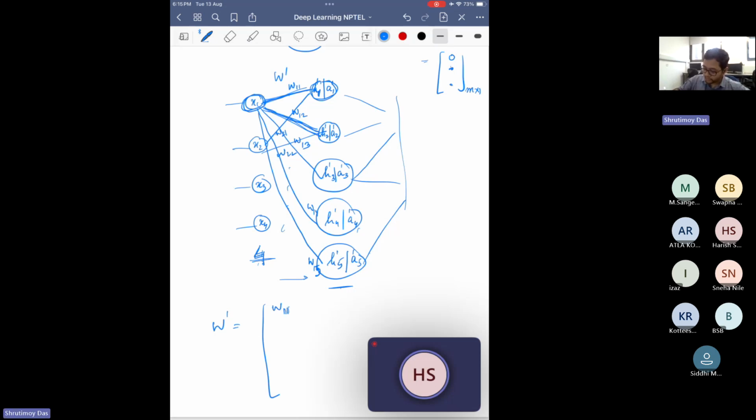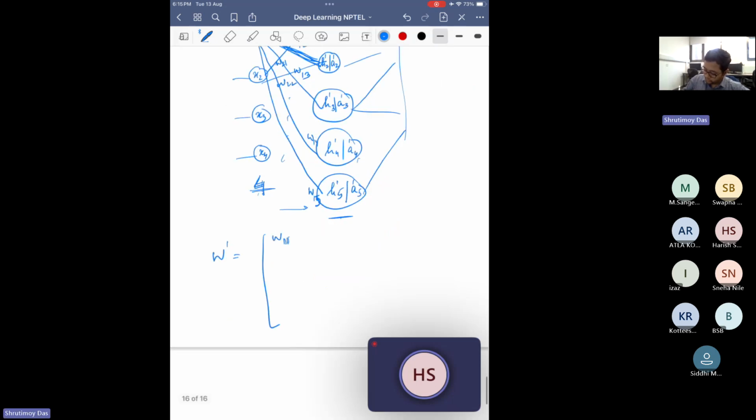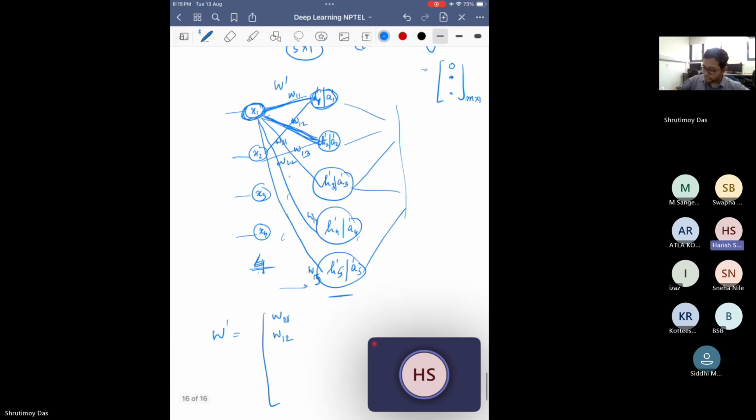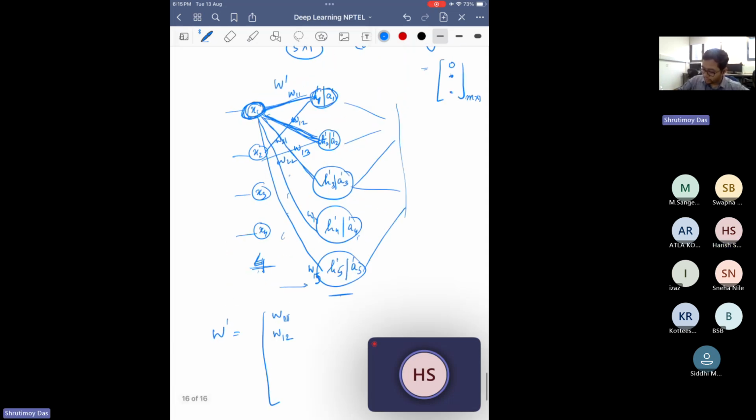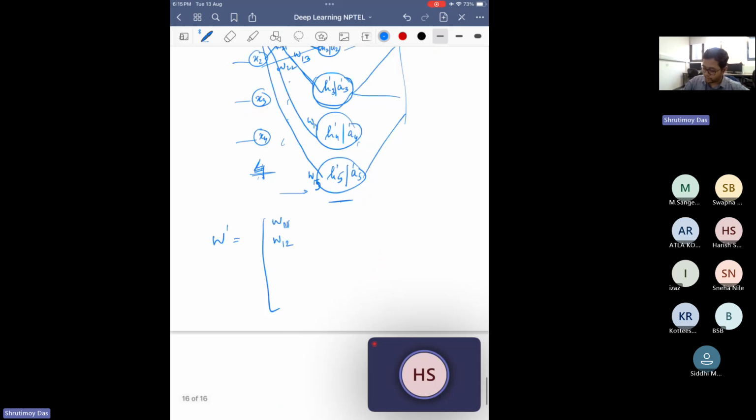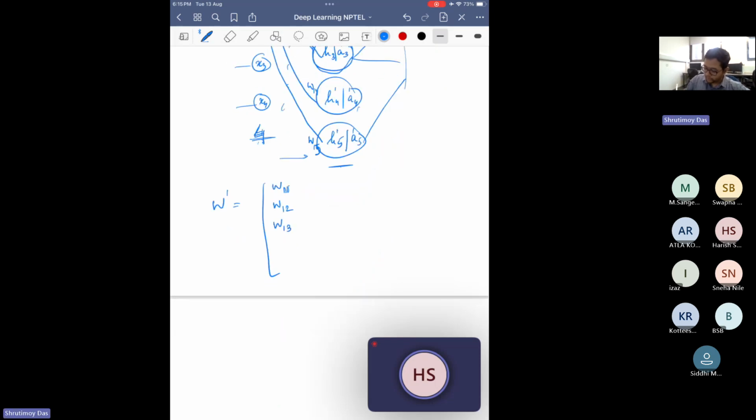The weight of connecting input dimension 1 with the second hidden neuron. That is W12. The weight of connecting the first input dimension with the third hidden unit is W13. And so on, now we have W14, W15.